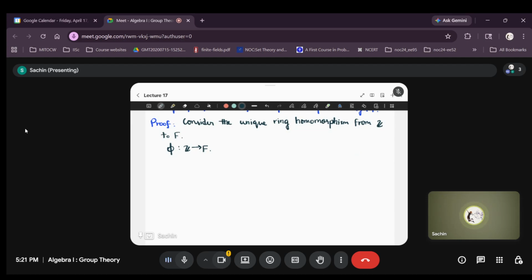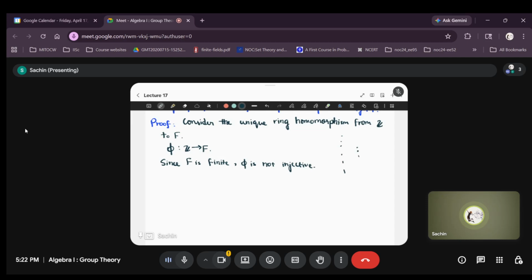Now we know that F is a finite field, but Z is an infinite set. So this function cannot be injective. It cannot be one to one. Z has infinite elements.